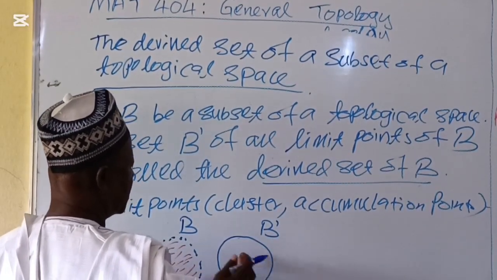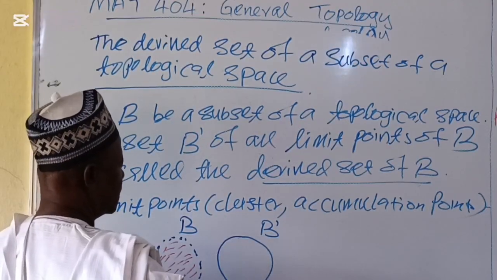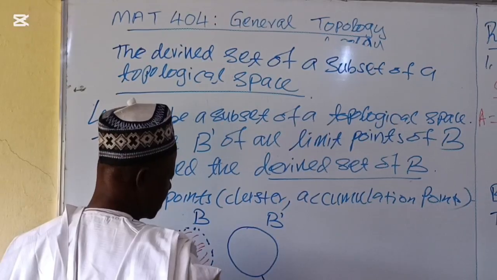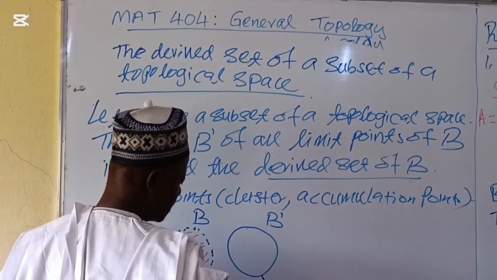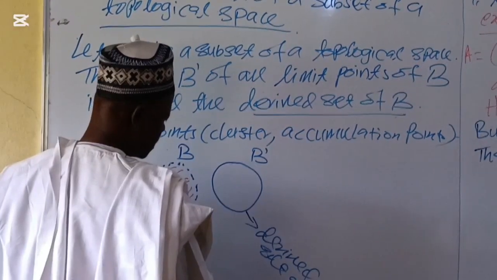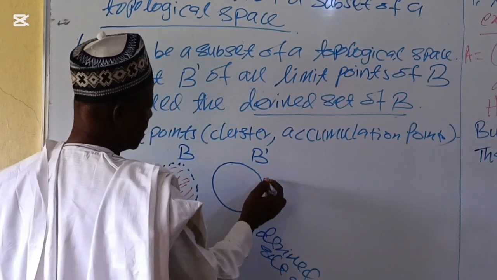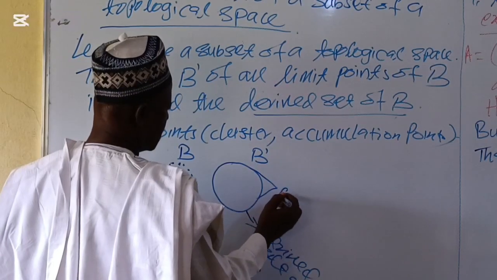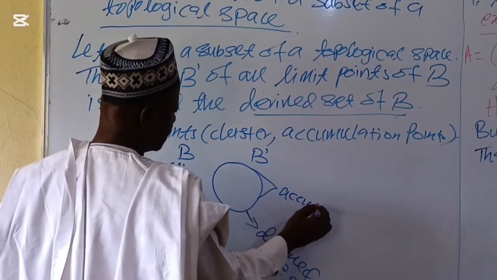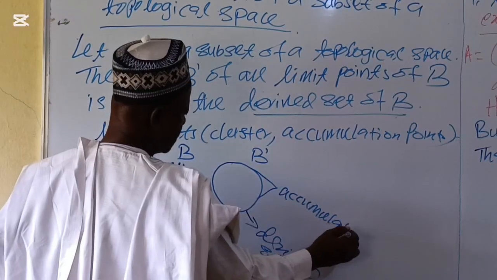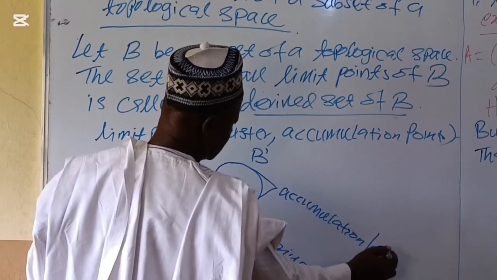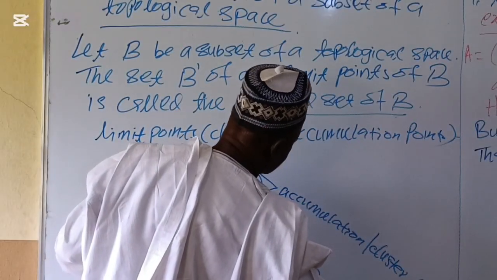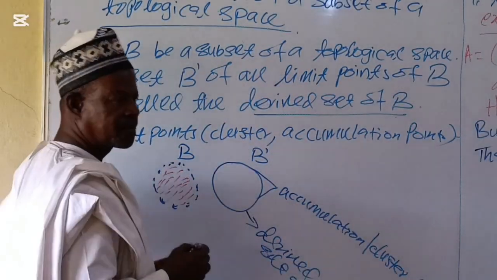This one is empty inside, containing only the boundary. So this set is called the derived set of B, and the points that make up this boundary are called accumulation points or cluster points.